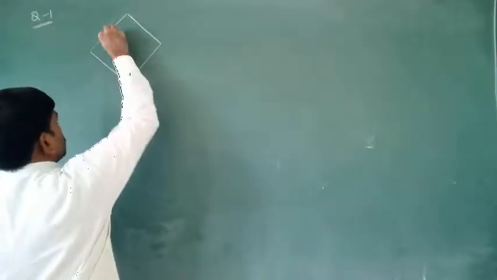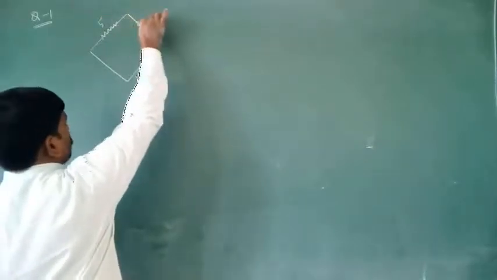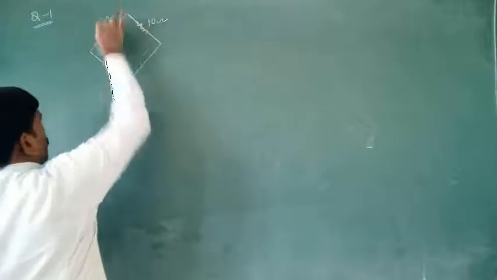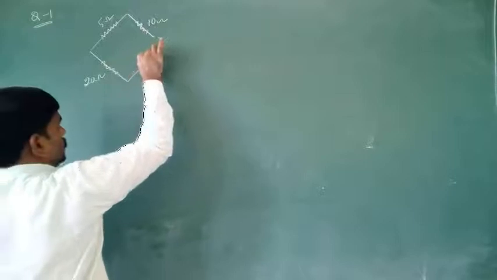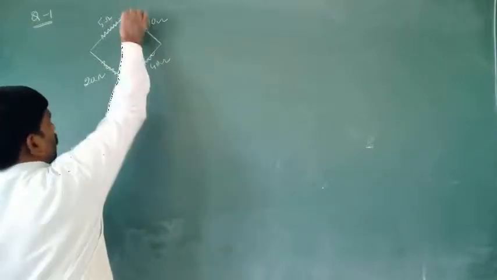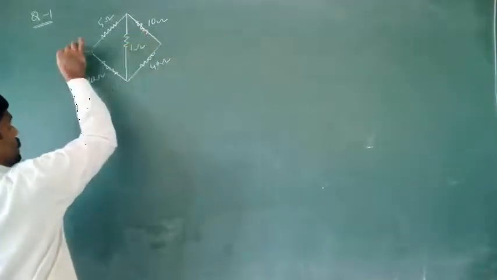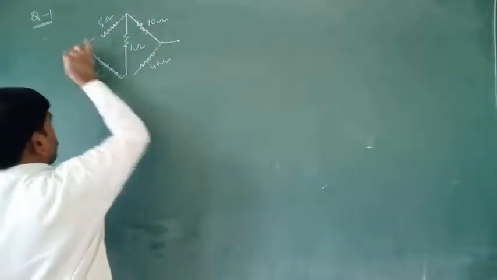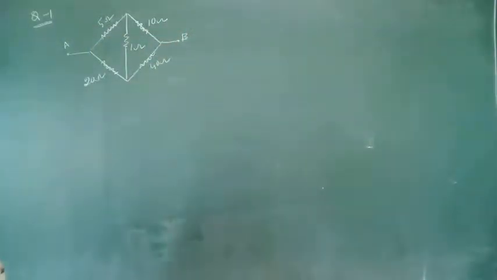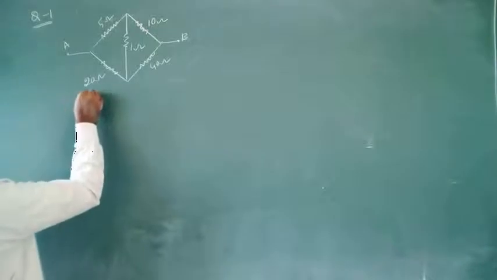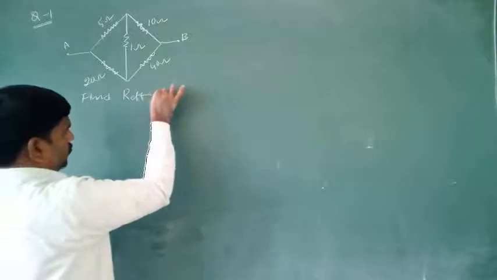Four resistors are there: this is the 10 ohms resistor, 5 ohms, 10 ohms, and this is the 20 ohms, and this one is the 40 ohms, and here this is the 1 ohm resistor. Find the effective resistance across AB.